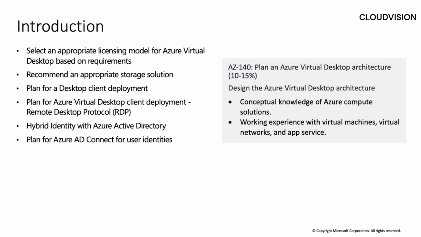This lesson gives us a very clear understanding of managing the identities, setting the identities, and picking the right solutions, client deployments, RDPs, hybrid identity. That is one of the key areas, and planning for Azure AD Connect as well, isn't it? So here it comes.